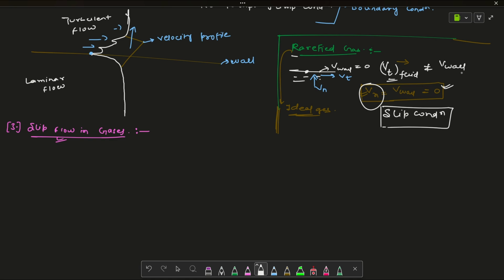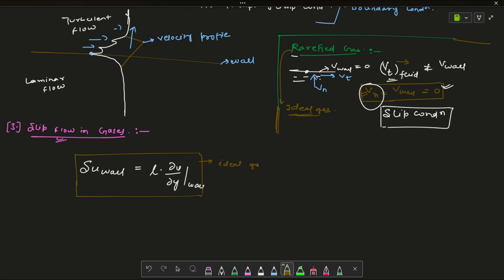In 1879, the physicist James Clerk Maxwell used the kinetic theory of gases to predict the slip velocity at the wall, I mean this tangential velocity, and that can be written as u_wall, the slip velocity at the wall, equal to L times du/dy at the wall. This equation is given for ideal gas.